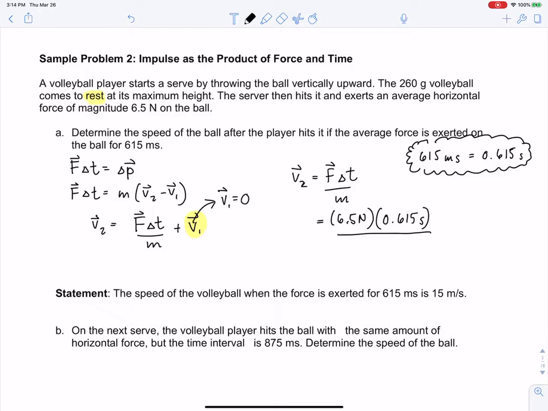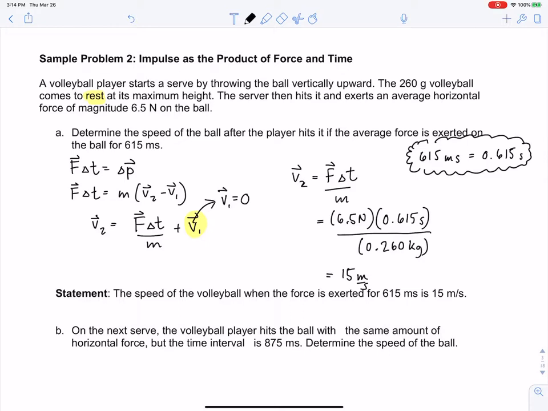Divide this by the mass, 260 grams or 0.260 kilograms. We end up with a final speed of 15 meters per second. Therefore, the speed of the volleyball when the force is exerted for 615 milliseconds is 15 meters per second.